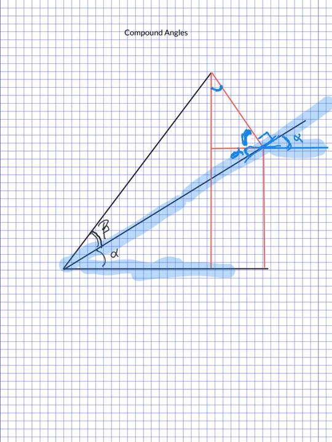If this angle plus alpha equals 90, and this angle plus this angle also equals 90, then this must also equal alpha. There's only one angle that could add up to give 90. So we know this is alpha, and this is alpha.